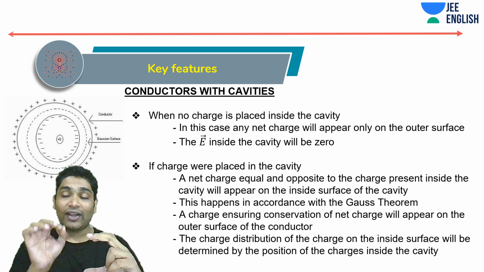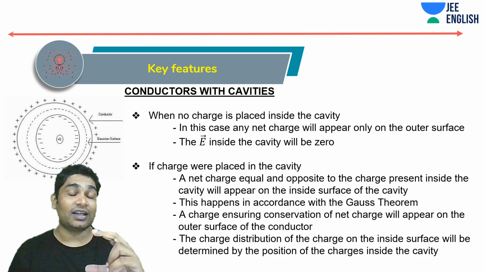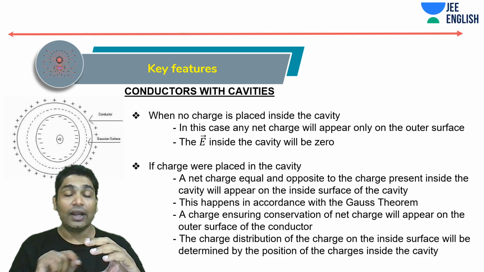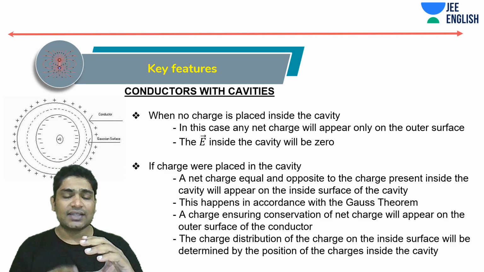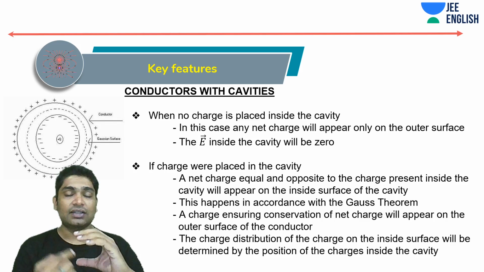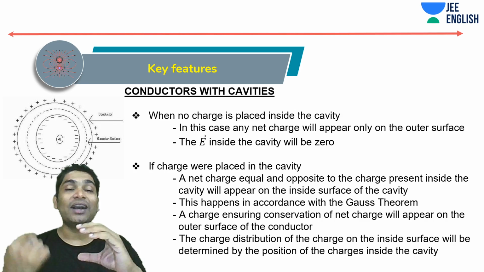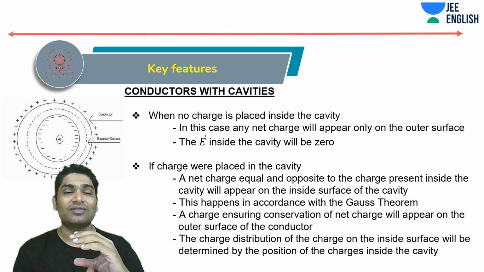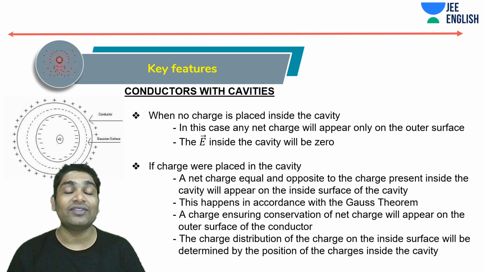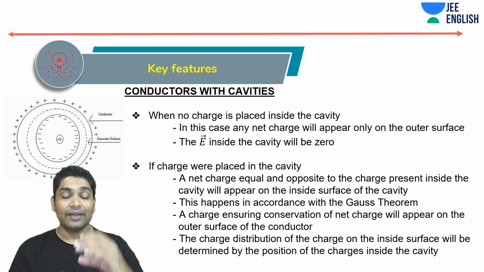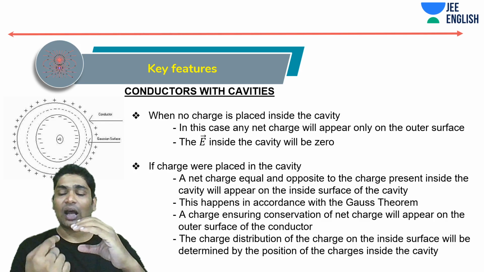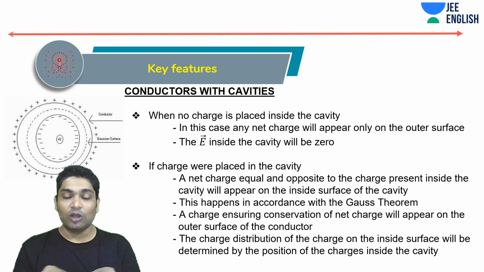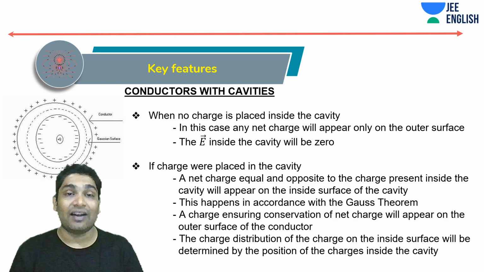Now, if I give such a conductor any charge, will some charge appear on the inside walls also? And how will it distribute? In such a case, any charge given will come completely on the outer surface only, and there will be absolutely no charge coming on the internal surface. Why so? I can easily see that with the help of Gauss theorem. You can assume an arbitrary Gaussian surface which lies entirely in the volume of the conductor but which encloses the cavity.